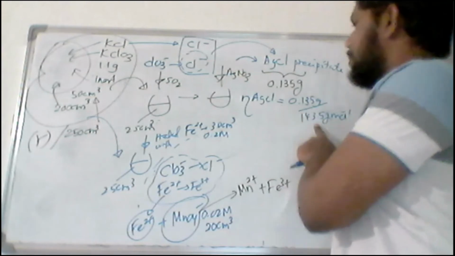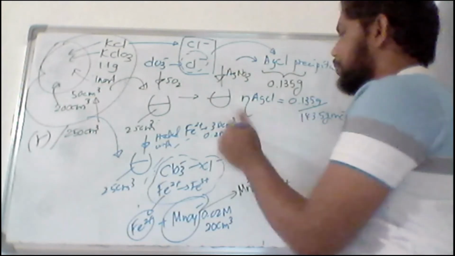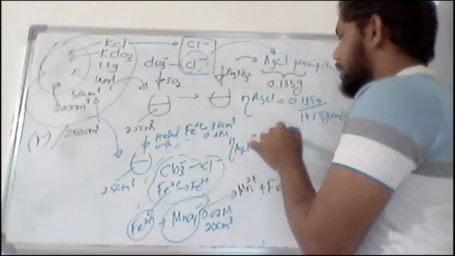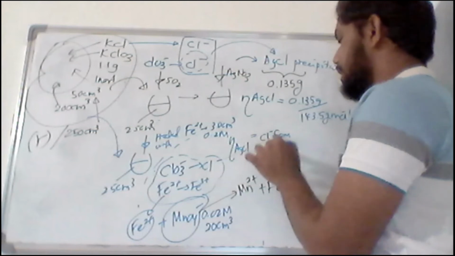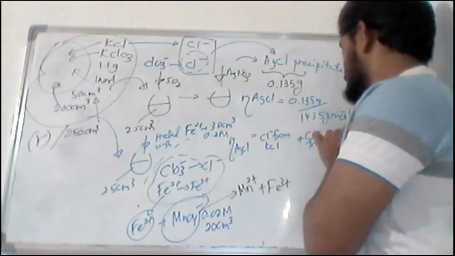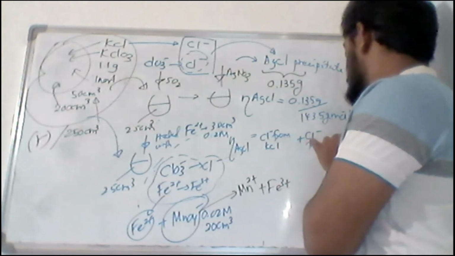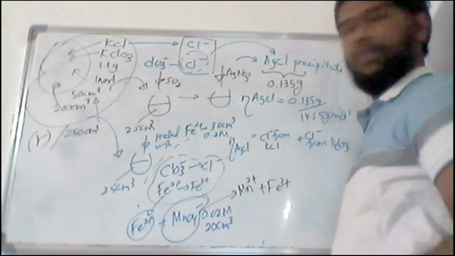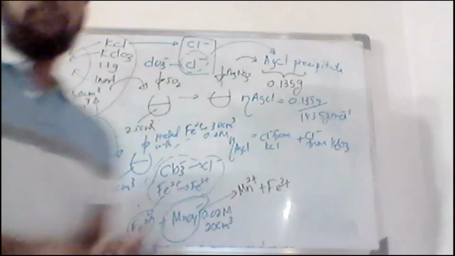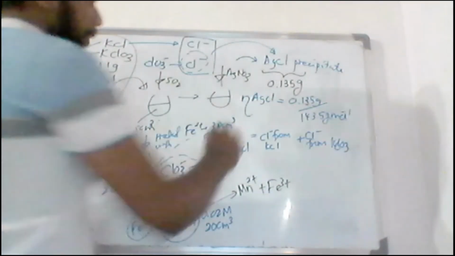So you know this amount, and this will be equal to n AgCl equals Cl minus from KCl plus Cl minus from KClO3. Okay, so this is a nice relationship that we have, right? So don't forget about this.